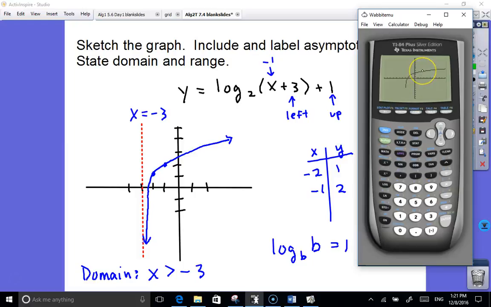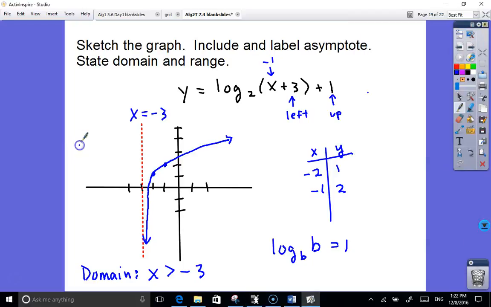Usually when they ask you for asymptotes, they don't tell you vertical versus horizontal. They're just going to say, what are the asymptotes? And so you don't want to look at that and say, oh, it looks like there's a horizontal asymptote. There is no horizontal asymptote. It may look like it's leveling off, but it's not. Remember, the range is all real numbers, no matter what. So don't be fooled by the calculator's graph of logarithm.